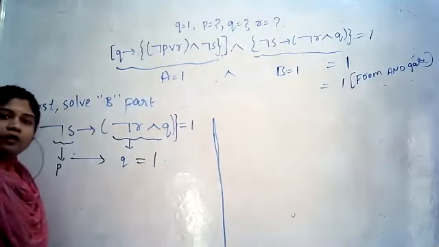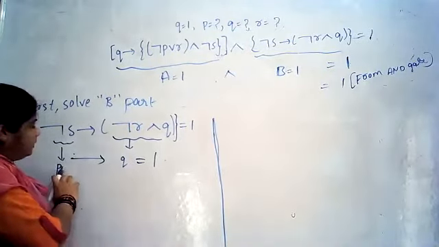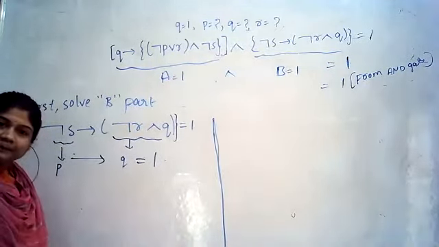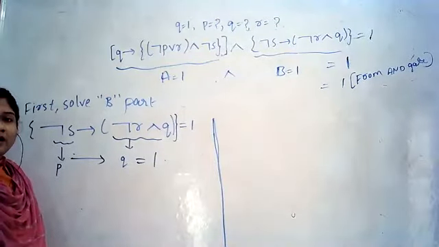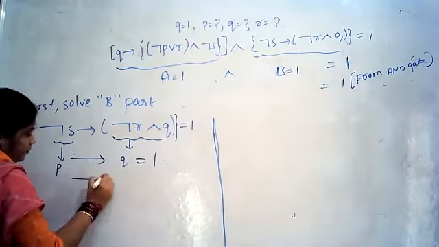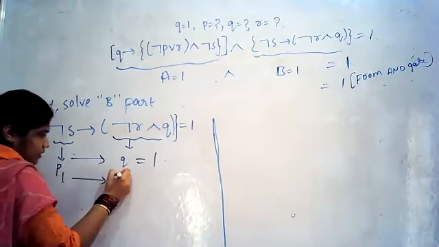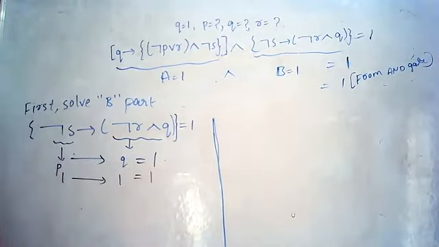Now, go to your conditional logic truth table. When I get P conditional Q is equal to 1, if you notice, when P is 1 and Q is 1, at that time I will get the conditional as 1.